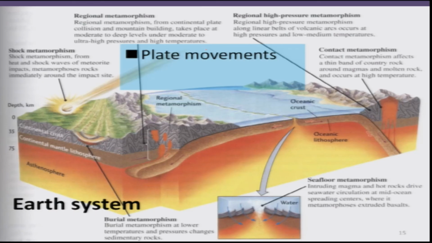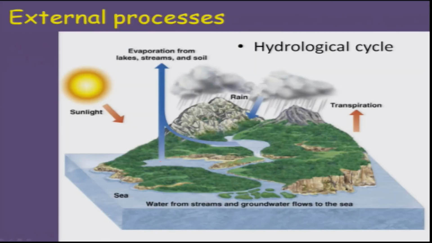So, we have the plate motions and all that as internal, and then the external. Of course, these plate motions, or the heat which has been generated in the interior of earth, also produce geothermal energy. Okay. So, plate motions are internal processes, whereas an external process, for example, is the hydrological cycle. Okay. So, these are the two main processes which we see around us.